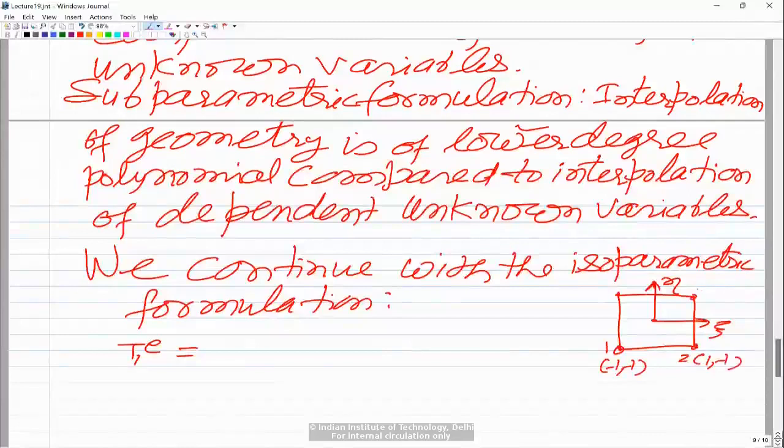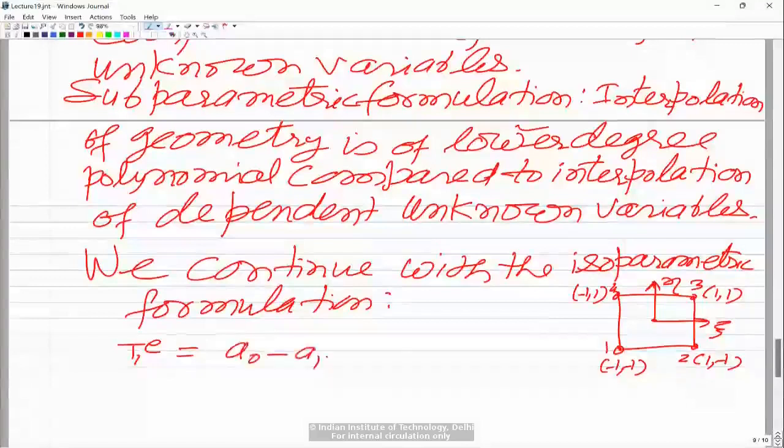This is node 3, coordinates are 1 and 1. This is node 4, coordinates are -1 and 1. So at first node, both xi and eta are -1. So when you put that in the expression for temperature, which is A0 plus A1 xi plus A2 eta plus A3 xi eta, you will get this as A0 minus A1 minus A2 plus A3.